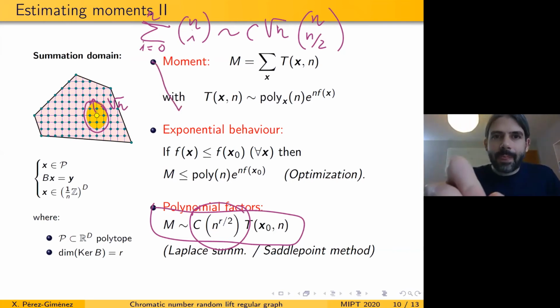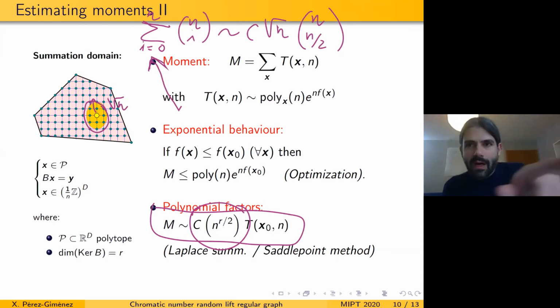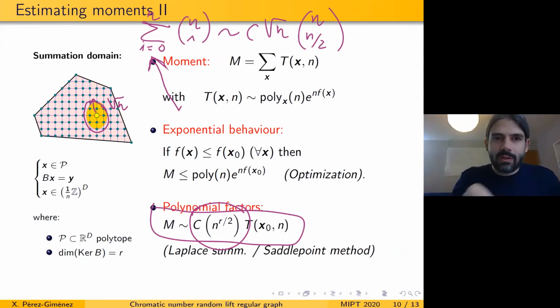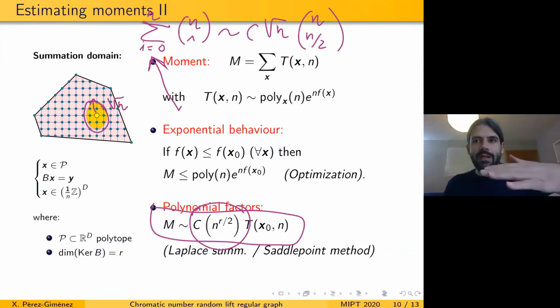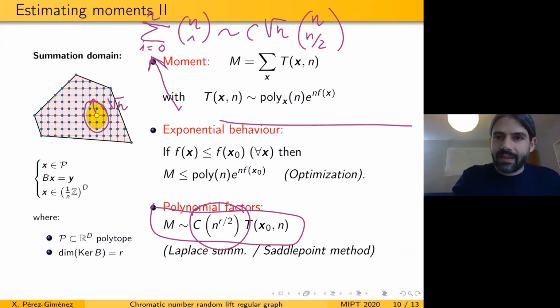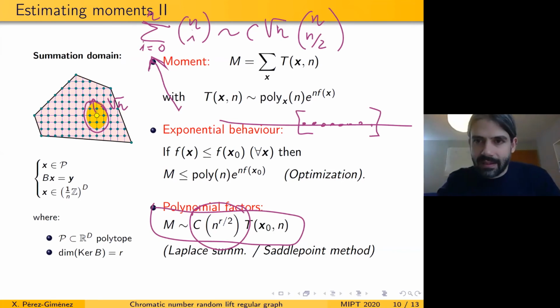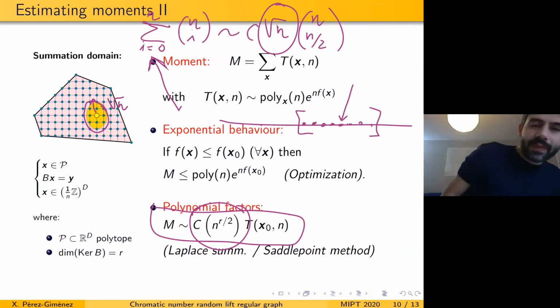Here, the dimension is 1. You can think of this like a situation where my polytope is just an interval in the real line, and you have to do some rescaling, but basically, that's where this square root of n comes from.